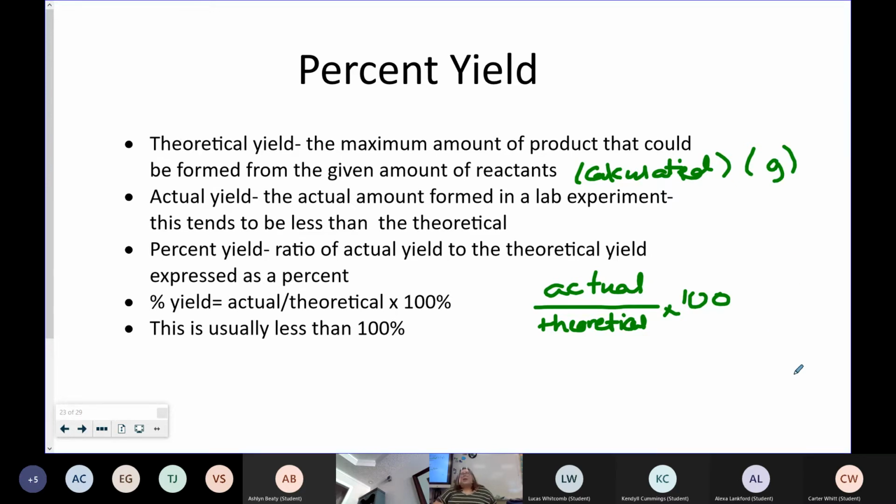And this is usually going to end up being less than 100%, because a lot of the times not all of it reacts. Maybe we didn't leave it in long enough, things like that. There are instances where it can be over 100, but that tends to mean that there's extra stuff in there. Like maybe it has water and you didn't dry out all the water or something like that. But the majority of the time it will be less than 100.